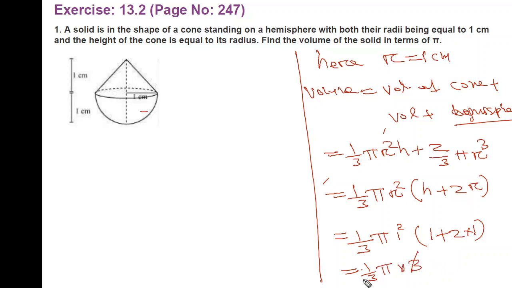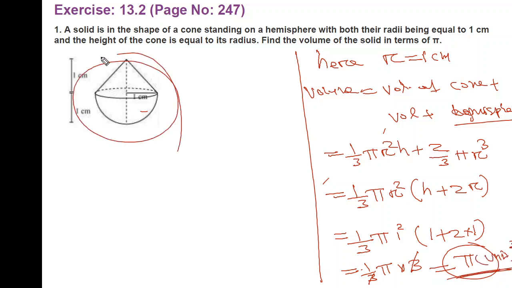Now you can cancel these 3's, which will be equal to pi. So pi unit cube, you can write unit cube. So this is the volume of this total solid.